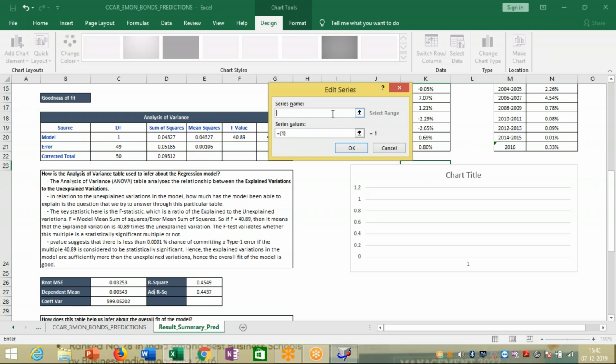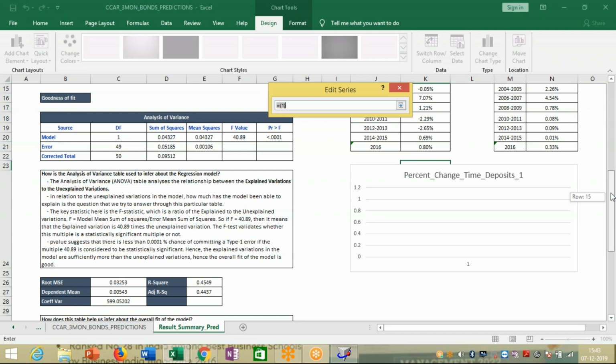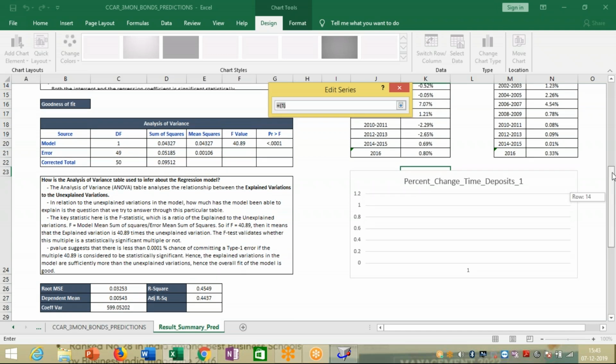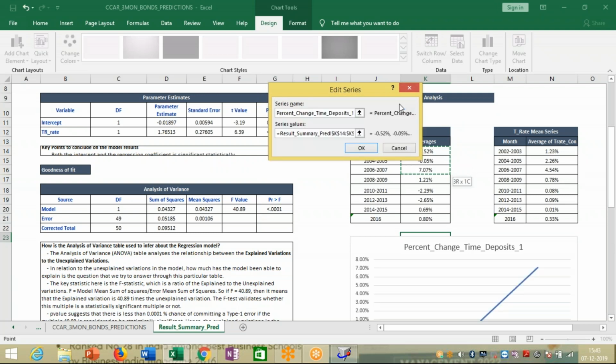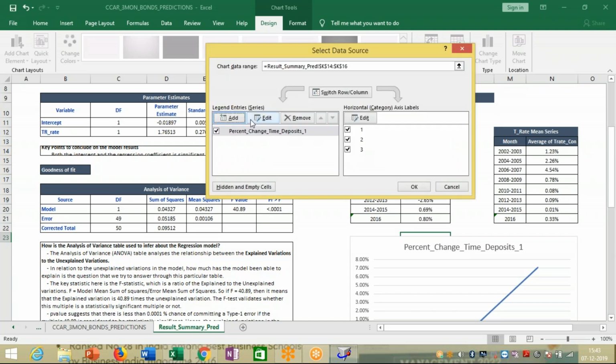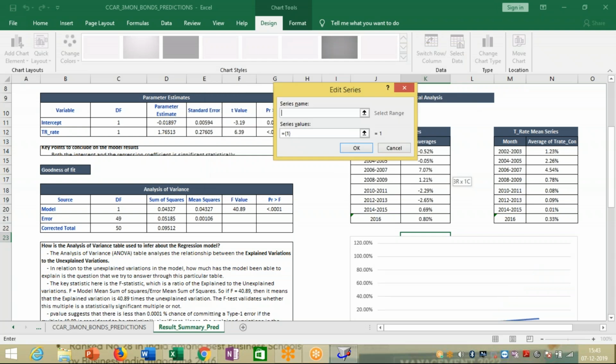Percent change, time deposits one. Treasury rates.